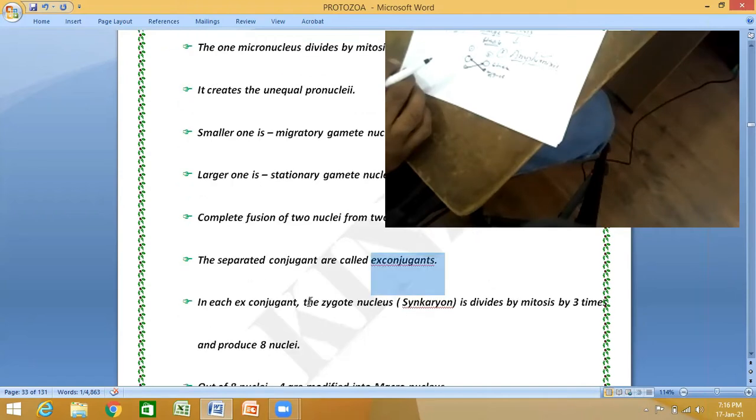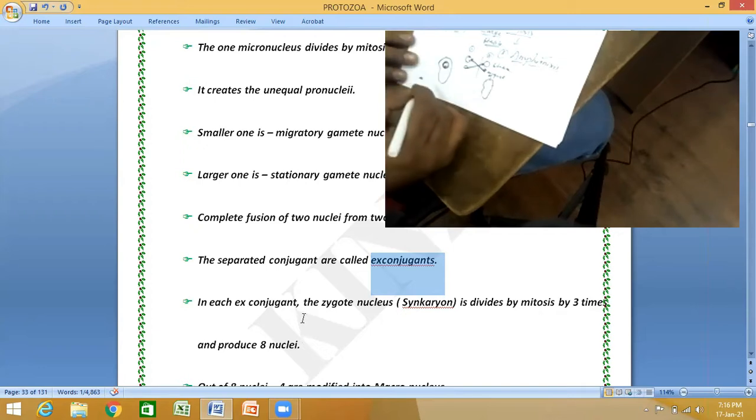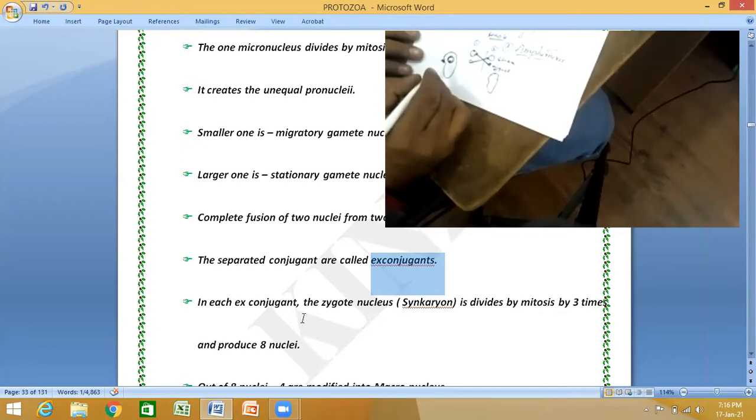In each exconjugate, the zygote nucleus, the synkaryon, divides by mitosis three times and produces eight nuclei. The synkaryon is also called the zygote nucleus.